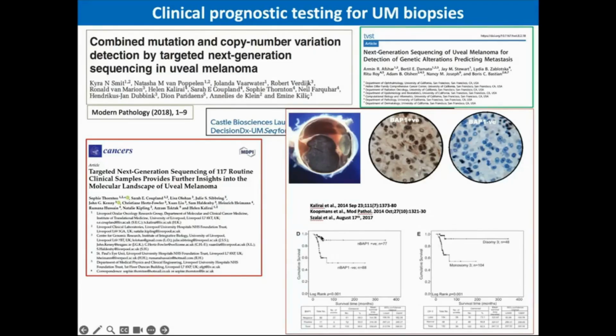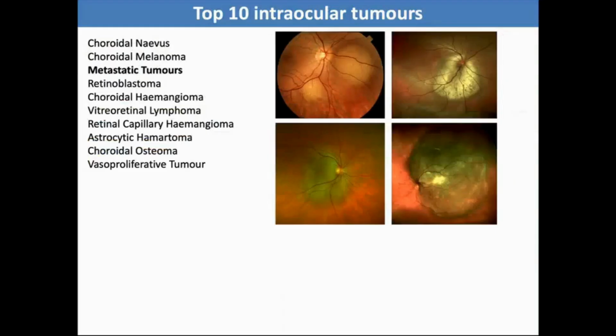And you can see this on the basis of these Kaplan-Meier curves, which we and others have demonstrated over time. So if you don't have access to genetic testing, then you may be able to do the BAP1 immunohistochemistry, which gives you a very good indication of the prognosis of that patient's tumor.